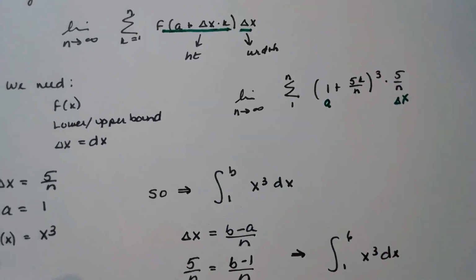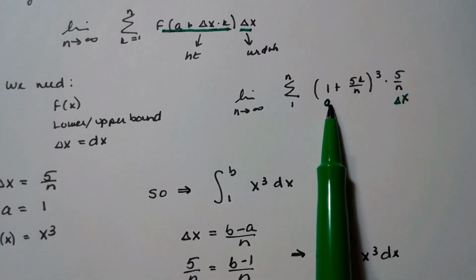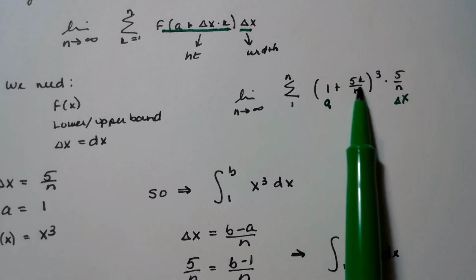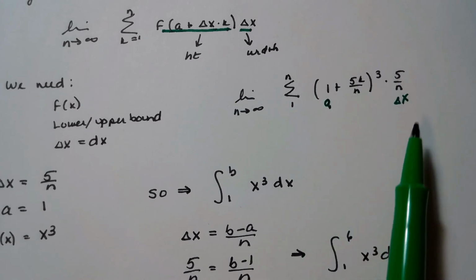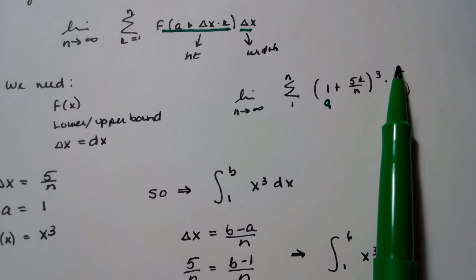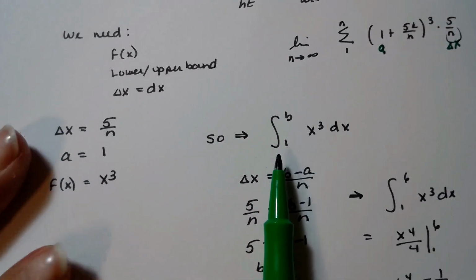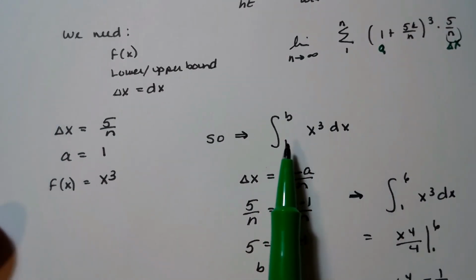So chances are for this test, if you get one of these with this summation notation, you have to identify your a, which will always be this number, your function, so in this case it was x cubed, and your delta x, which is usually whatever is multiplied on the outside. That way you can find your upper limit, and then you can rewrite your integral with what you know thus far.